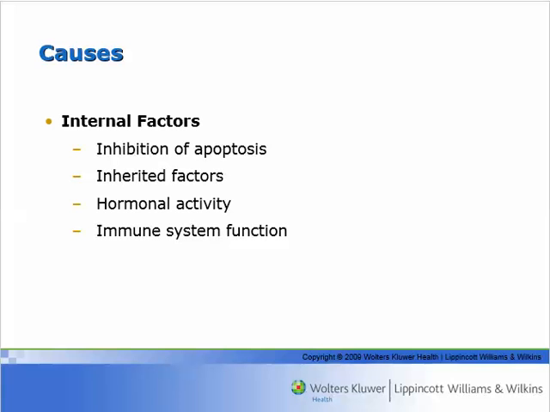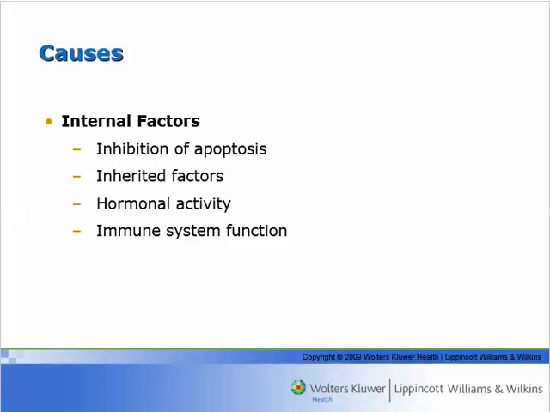There are inherited factors. A lot of cancers seem to run in families, like, for instance, bowel cancer, breast cancer. There seems to be a genetic basis to it. Hormonal activity may actually increase incidence of certain breast cancers, which might depend on the presence or the absence of certain hormones like estrogen. Other cancers arise when the immune system is deficient, like, for instance, Kaposi sarcoma in the case of HIV.